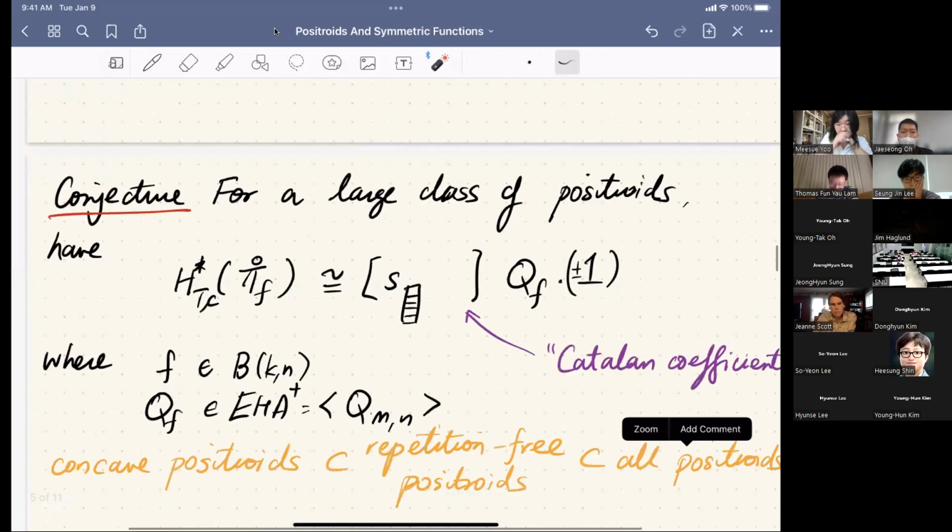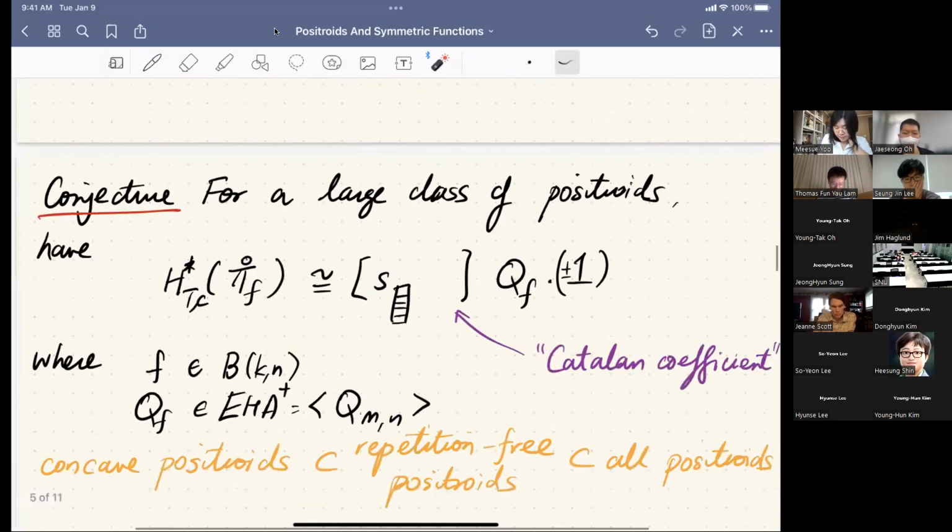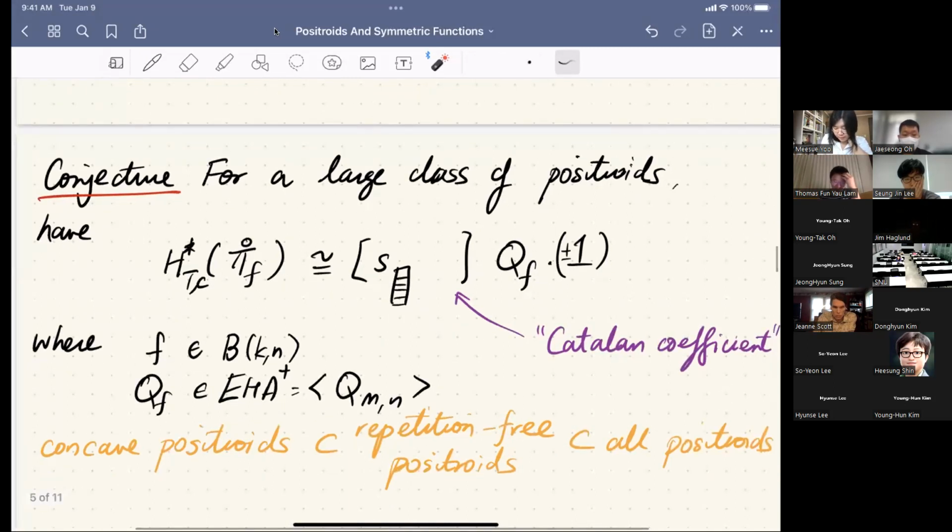Let me give a high-level abstract version before I give the precise version. The conjecture that we have is for a large class of positroids, which I'll tell you about in a moment, there's a topological invariant of the positroid variety. There's a lot of jargon here, but on the left-hand side is compactly supported torus equivariant cohomology.